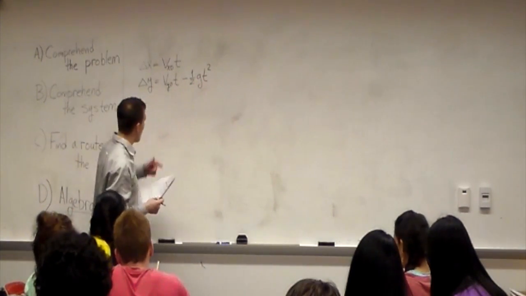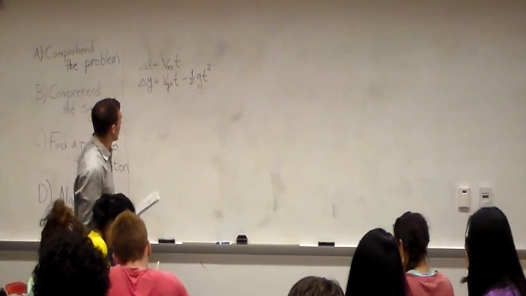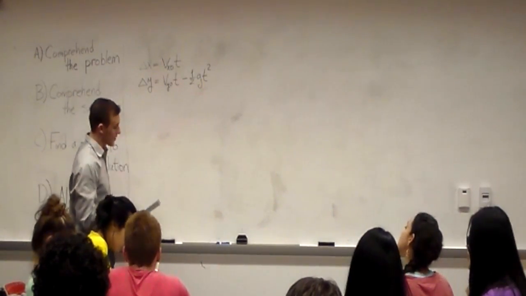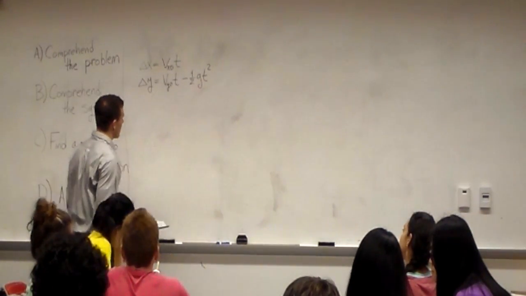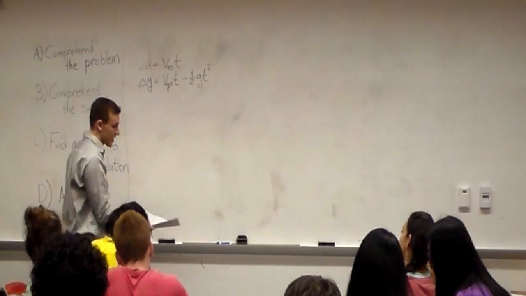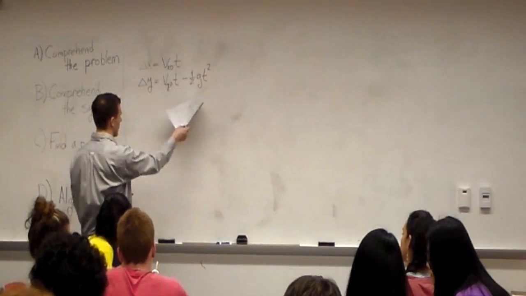Both of these are examples of that one-dimensional motion equation that we used not too long ago, except in the case of the x direction, there is no acceleration in the x direction, so we plug in a equals 0. And in the y direction, the acceleration is the acceleration due to gravity, which is minus g here.